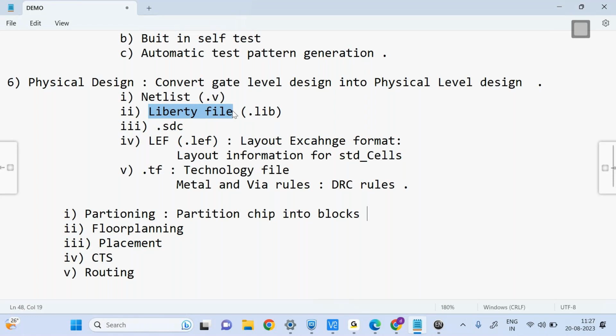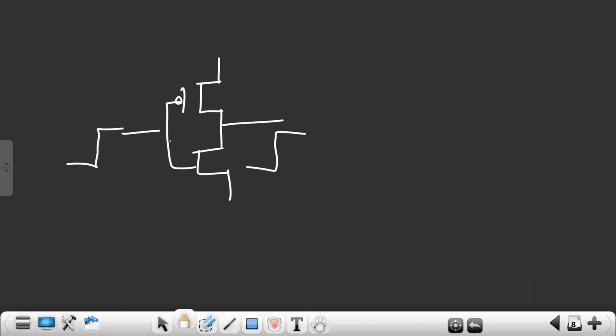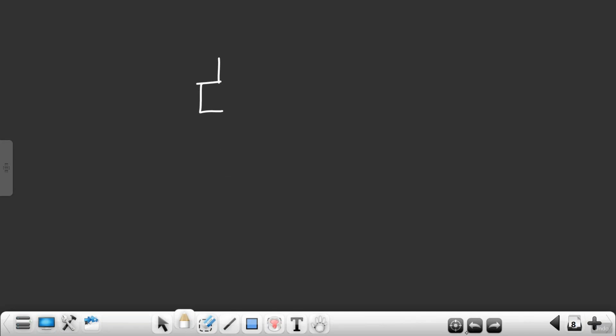They will get the SPICE models, like MOSFET models, use them to draw the schematic, apply different inputs to the schematic, calculate the output, and measure delay, power consumption and so on. That team is called the library characterization team or PDK characterization team. They will give us this dot lib.